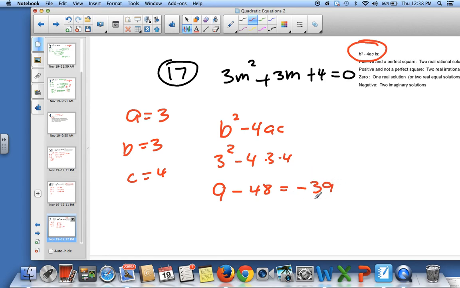Now, negative 39 is a negative number, so there's my answer right there. Two imaginary solutions. So this is number 17, negative 39, 2 imaginary, so the answer is C. Okay. Thank you.